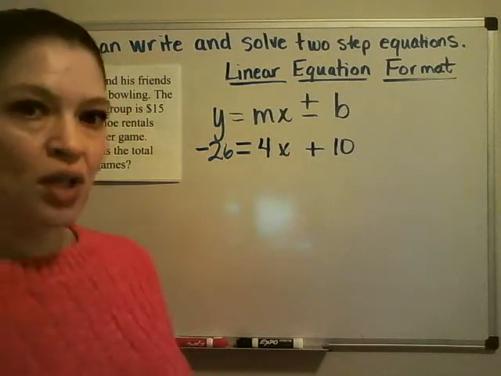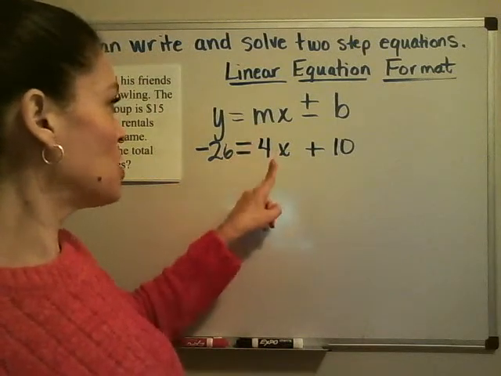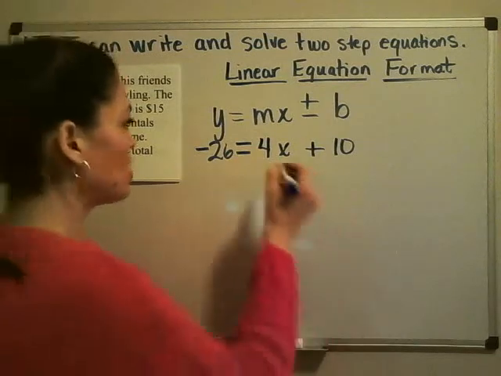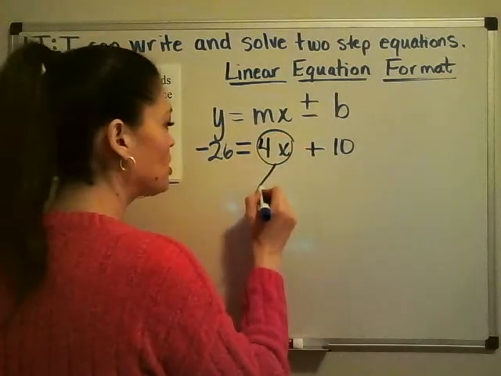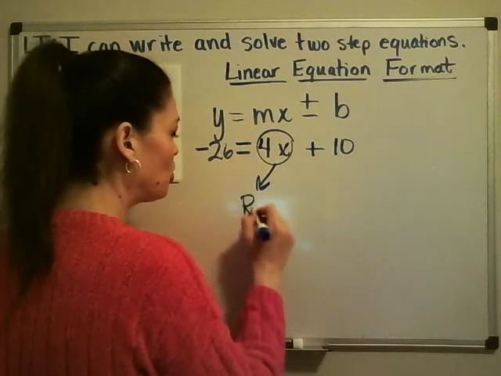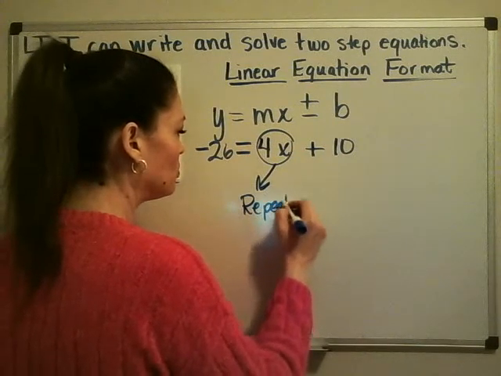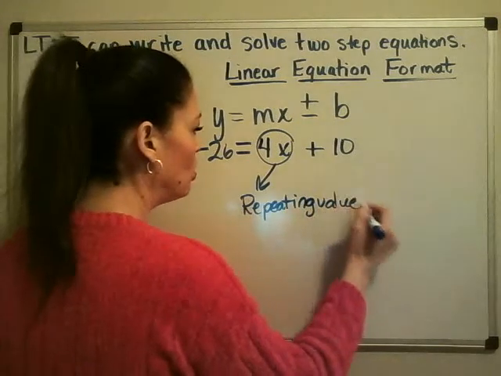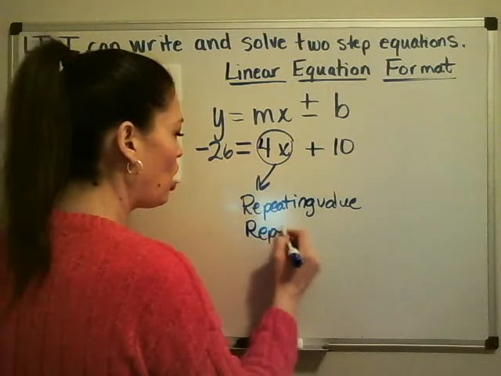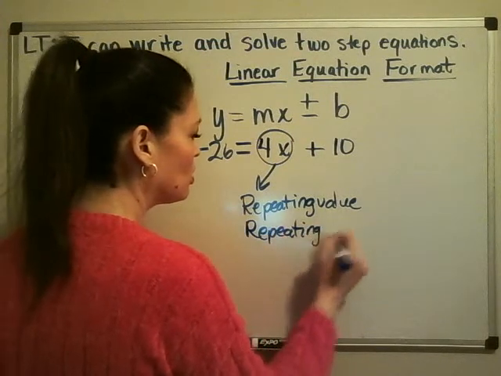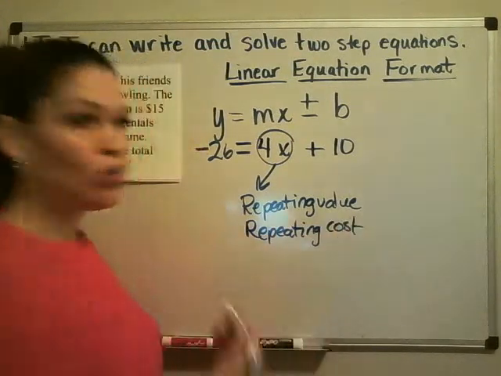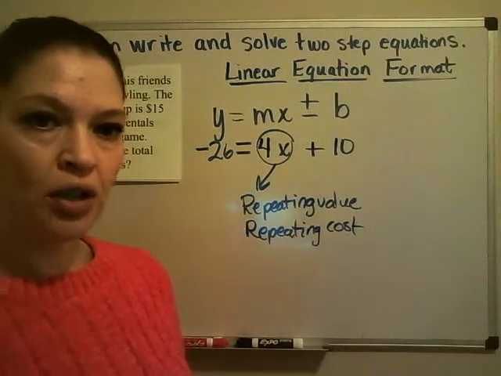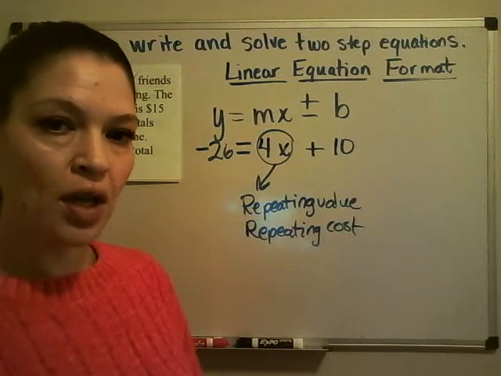Usually the number that falls in m is always a coefficient, okay? And this section is always some kind of repeating value or a repeating cost in relation to a word problem. So it's like they're charging you over and over again for something, okay?